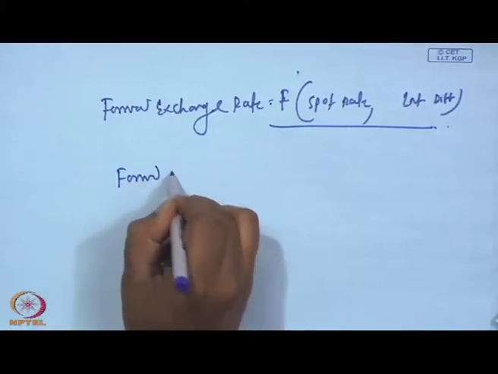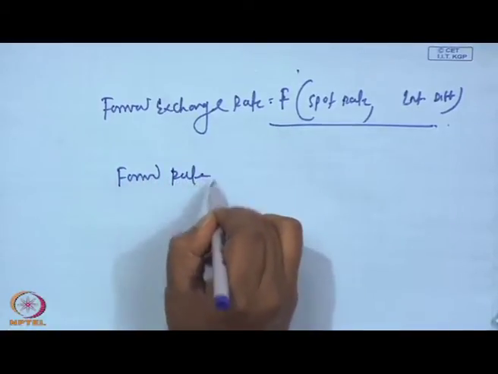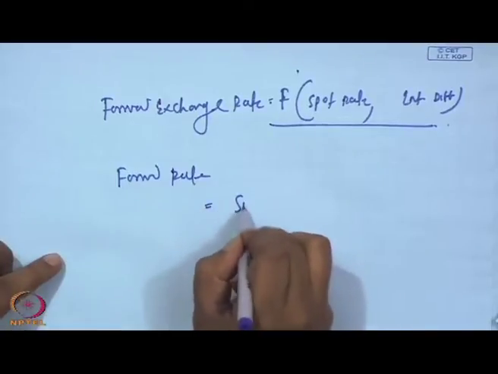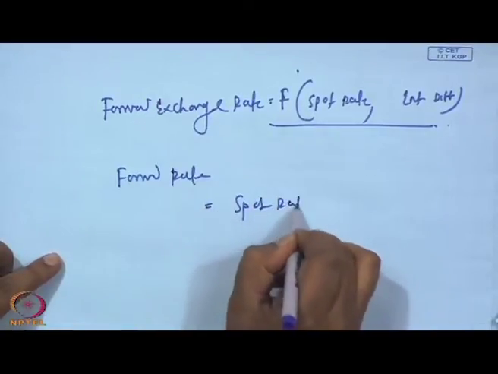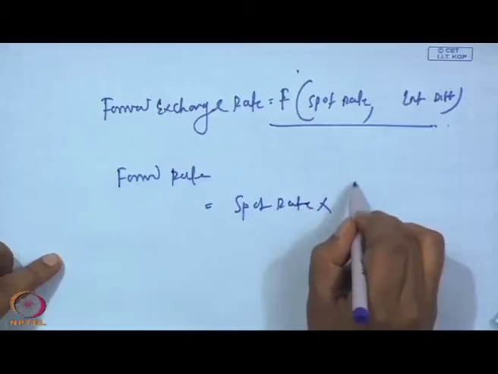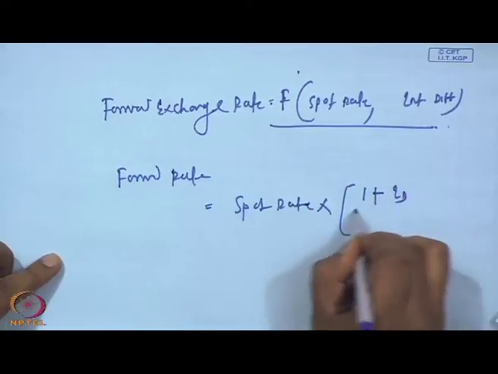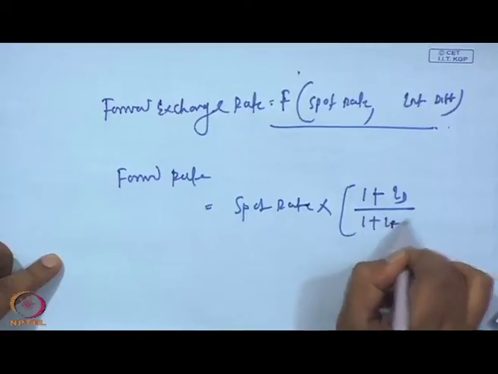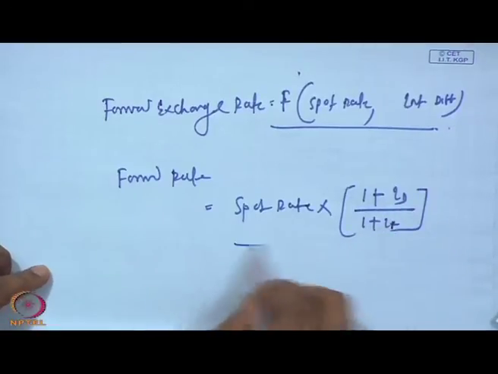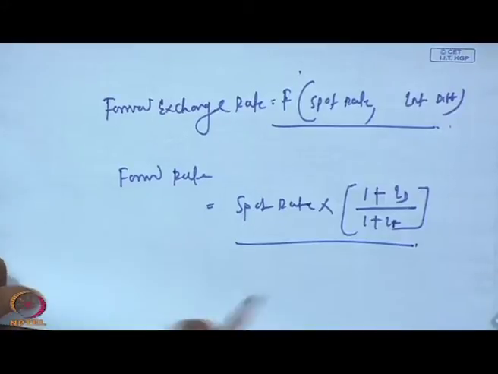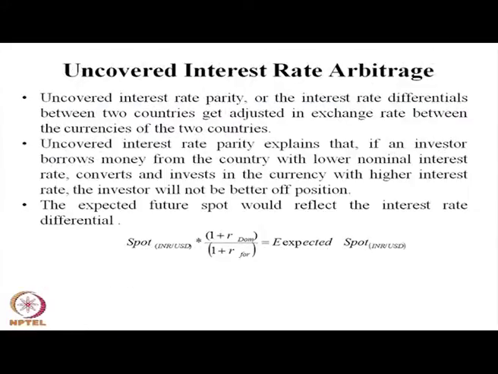The formula we derived: forward rate is spot rate into 1 plus domestic interest rate divided by 1 plus foreign interest rate. Now, we will be discussing how the adjustment takes place, the theory and calculation side.